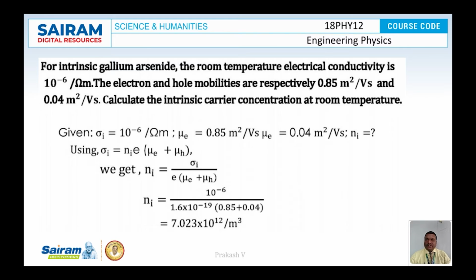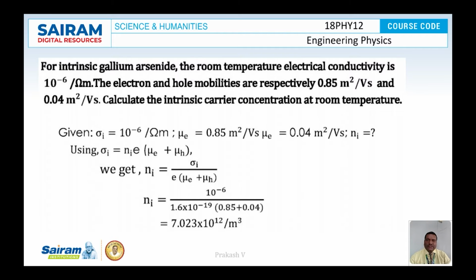For intrinsic germanium arsenide, the room temperature electrical conductivity is 10 to the power minus 6 per ohm meter. The electron and hole mobilities are respectively 0.85 meter square per volt second and 0.04 meter square per volt second.